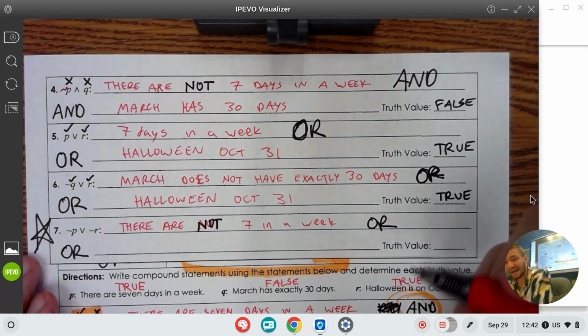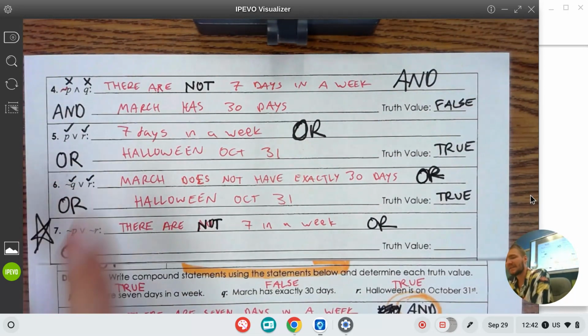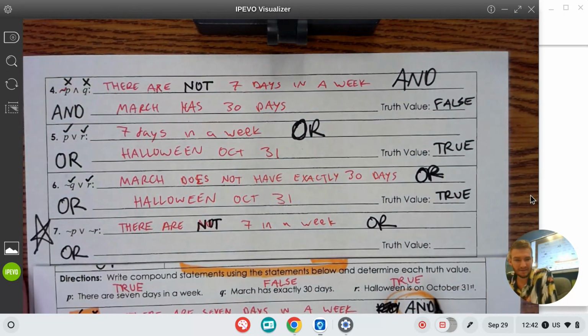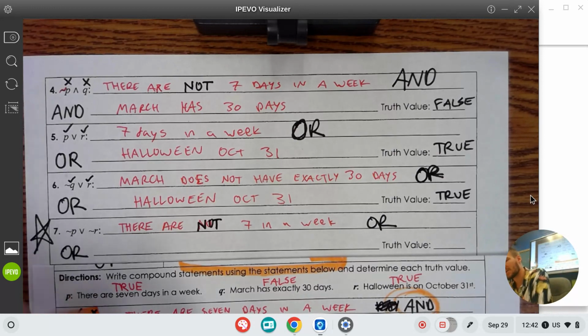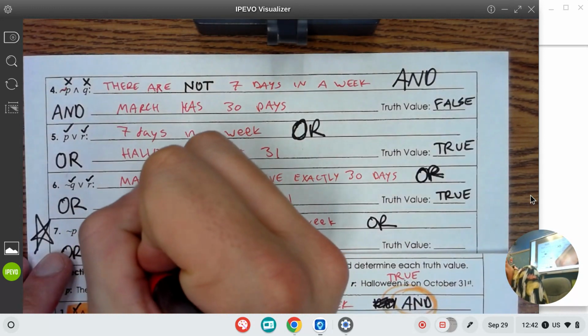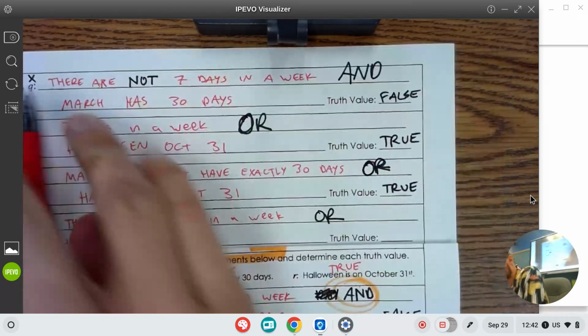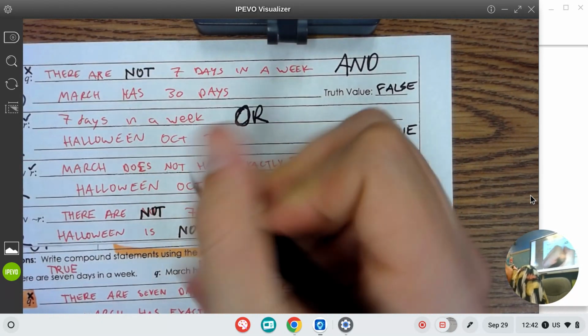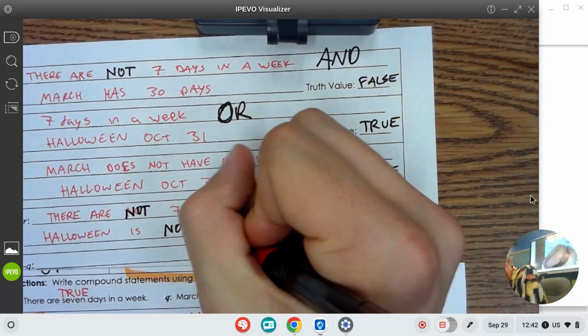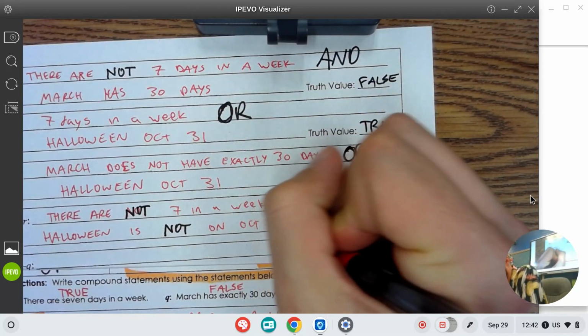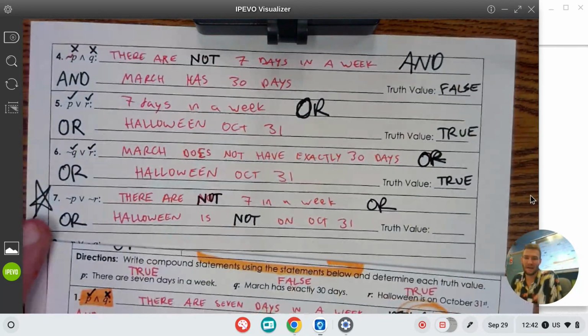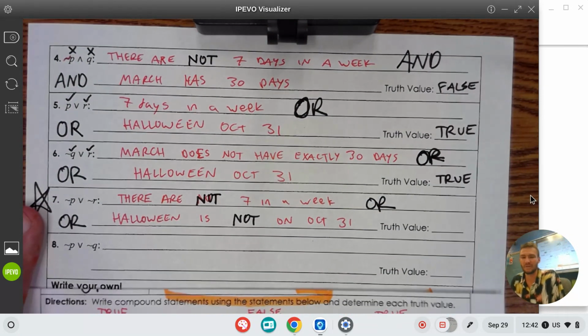And then not R, instead of saying Halloween's on October 31st, not R should say, Halloween is not on October 31st.